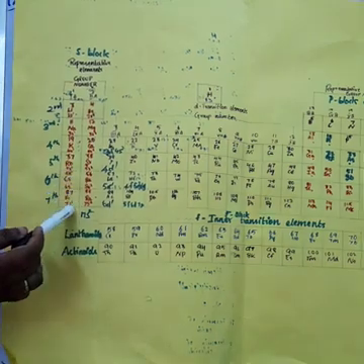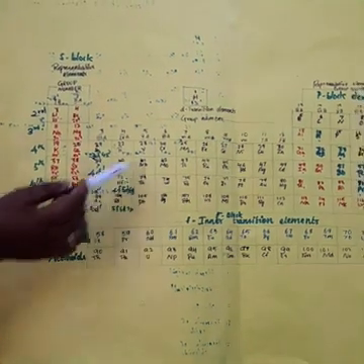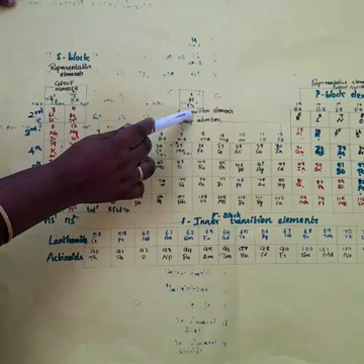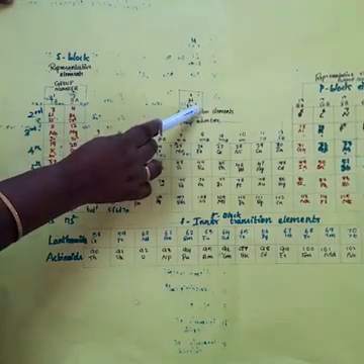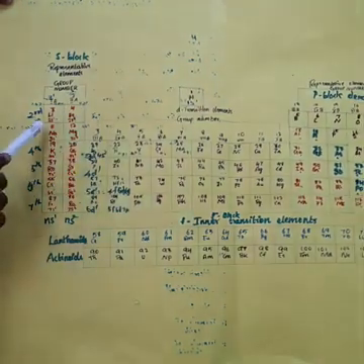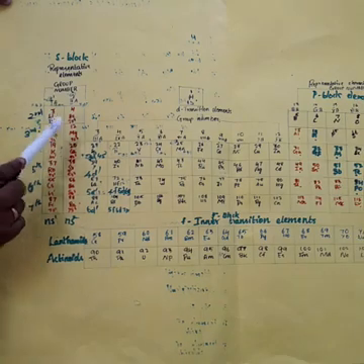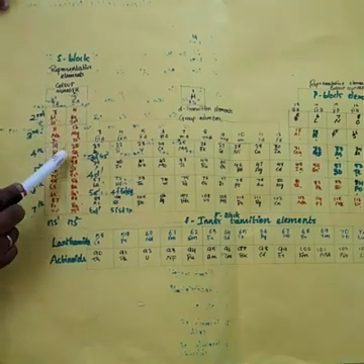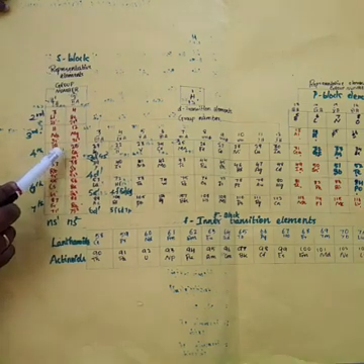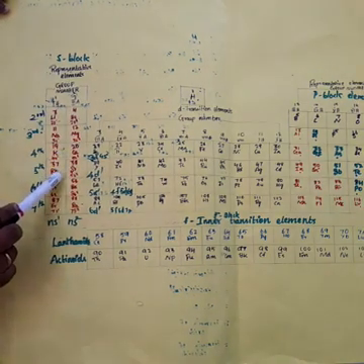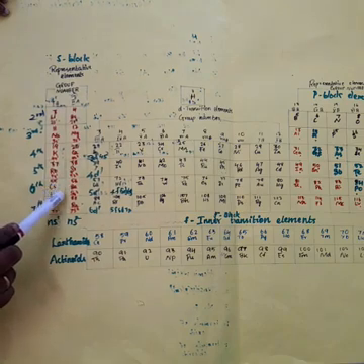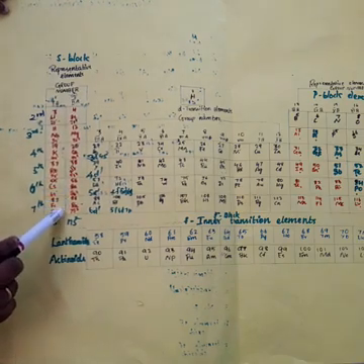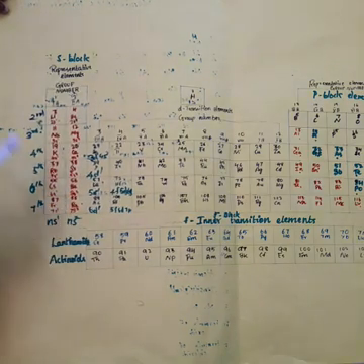Hydrogen, how many electrons are in the outer shell? 1s1, only one electron. And lithium also only one electron, 2s1. Sodium only one electron. Potassium only one electron. Rubidium only one electron. Cesium only one electron. Francium only one electron. Understood?